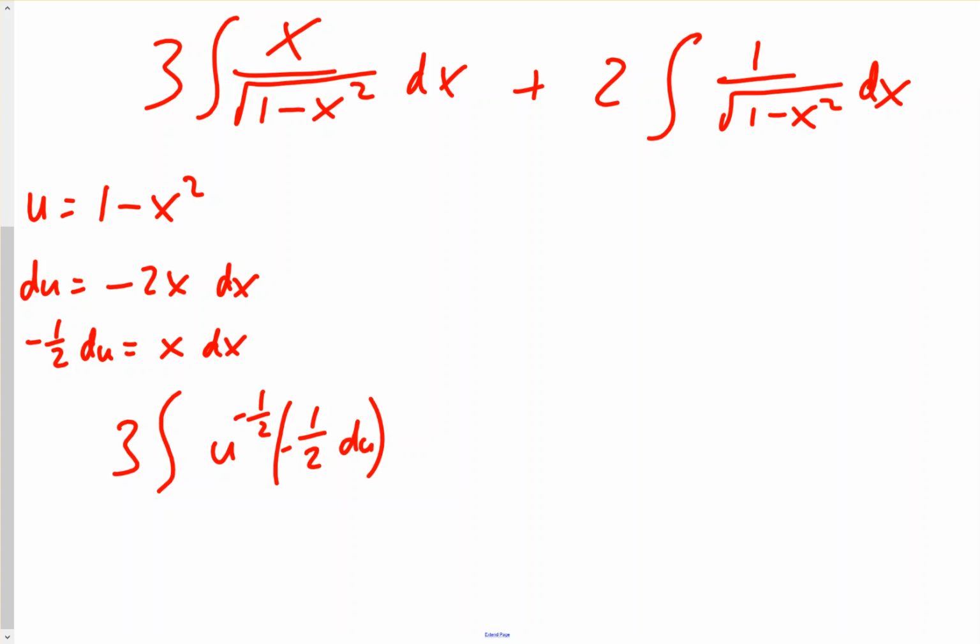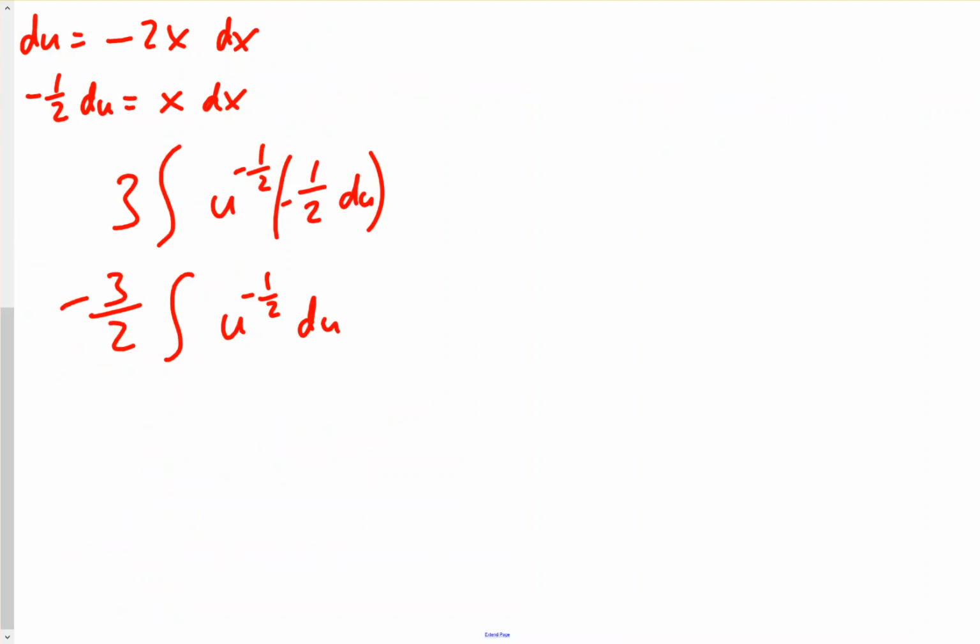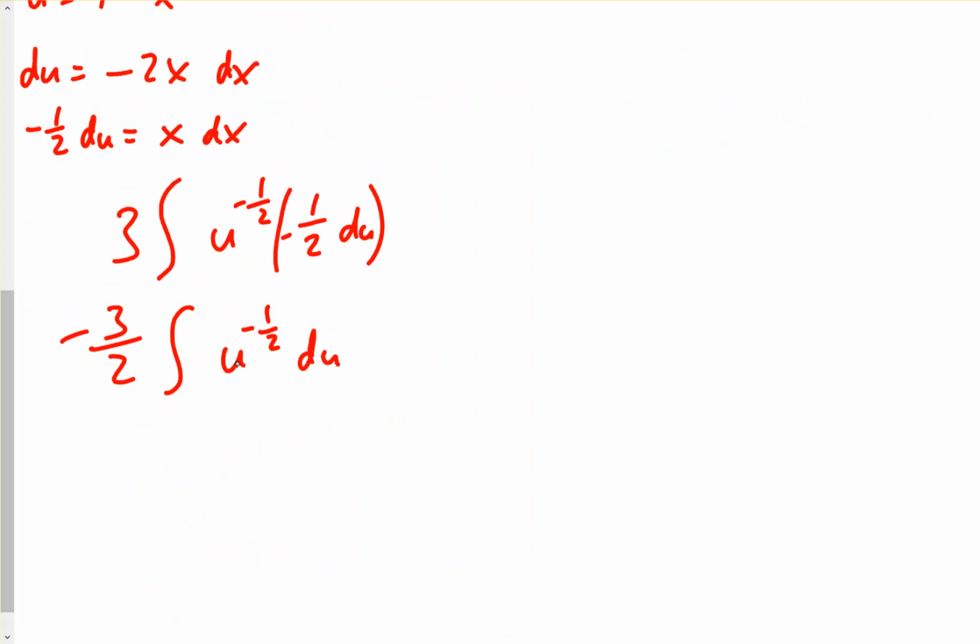So I could pull the -1/2 out. I have -3/2 integral of u to the -1/2 du. So I could integrate that. If I add 1, that becomes u to the 1/2. Then I divide by 1/2, which is the same as multiplying by 2.